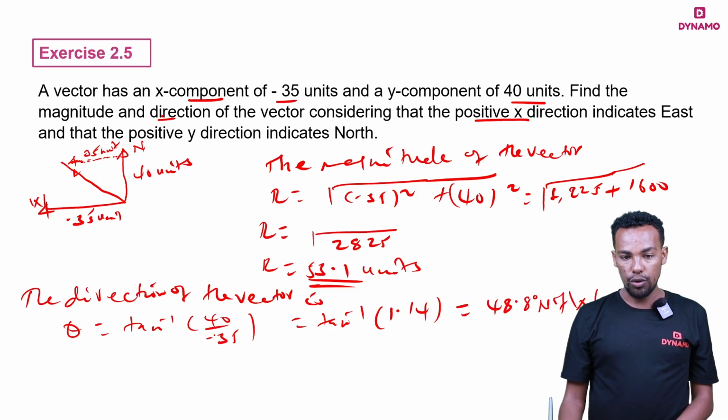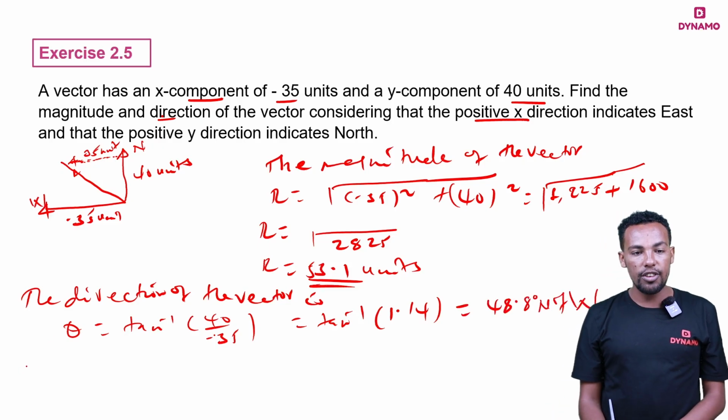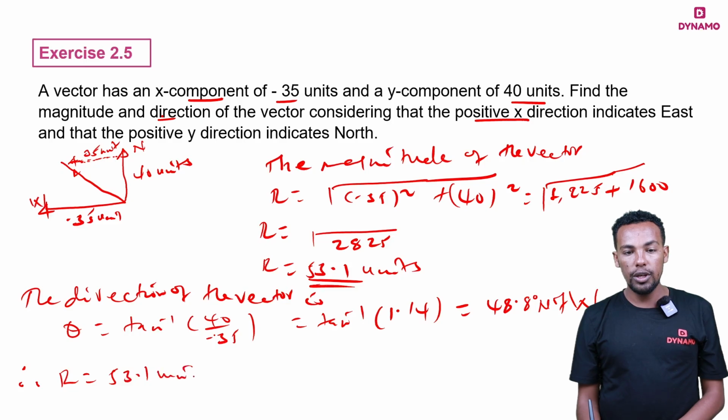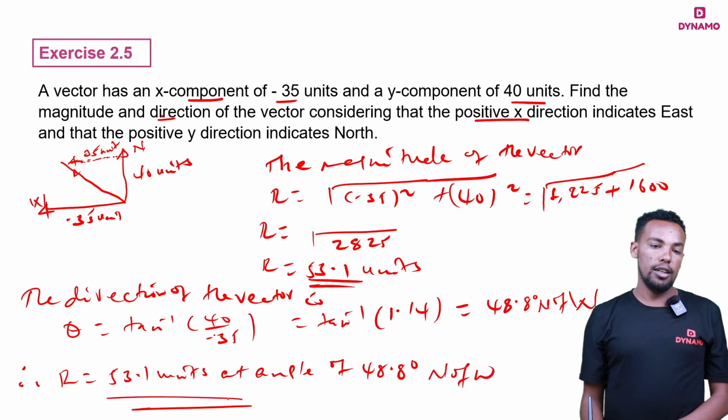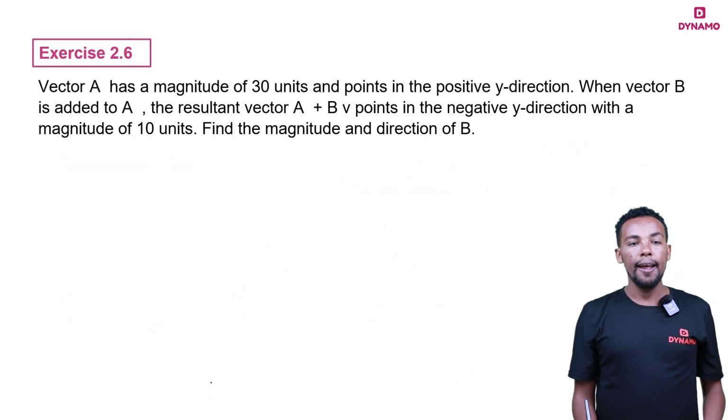Therefore, the resultant is 53.1 units at an angle of 48.8 north of west.